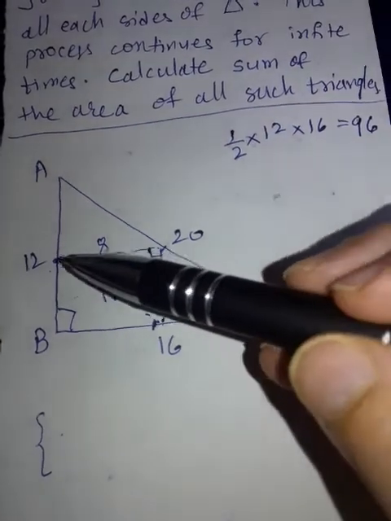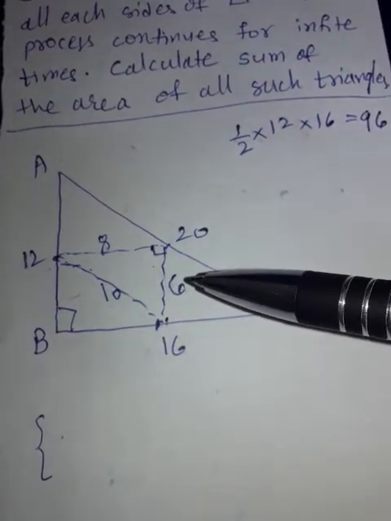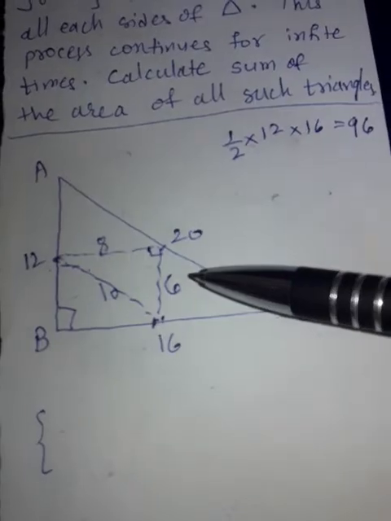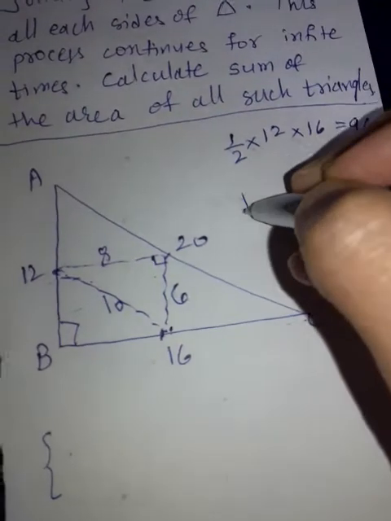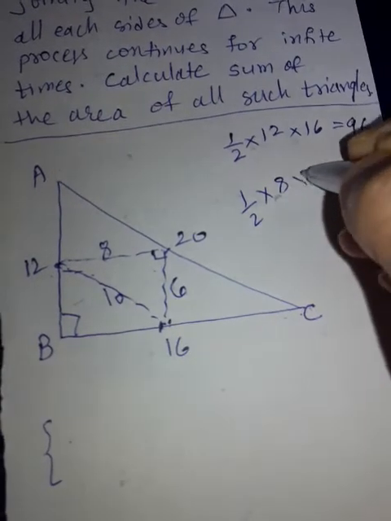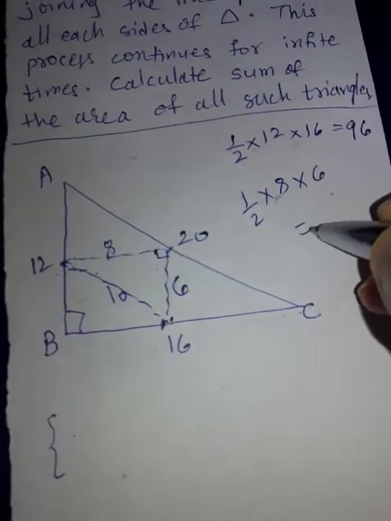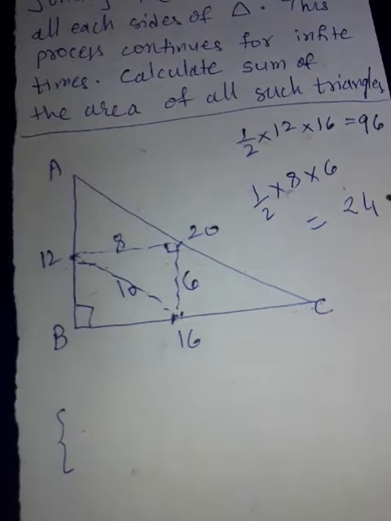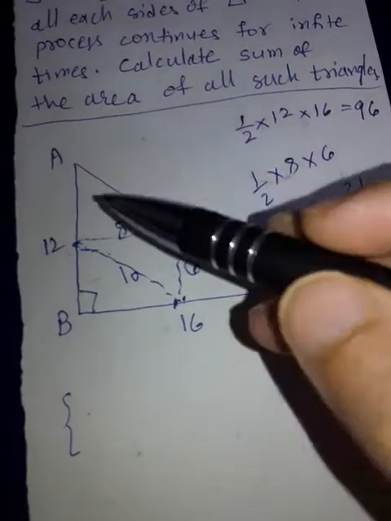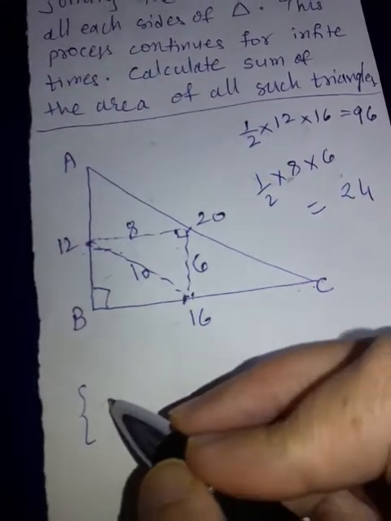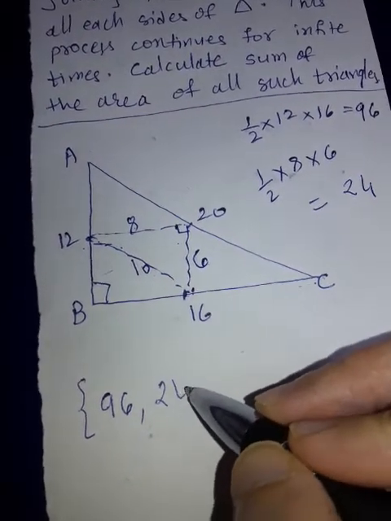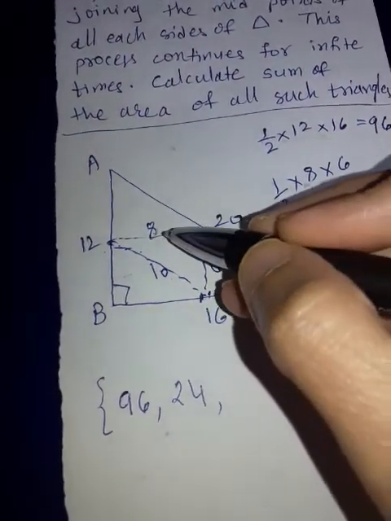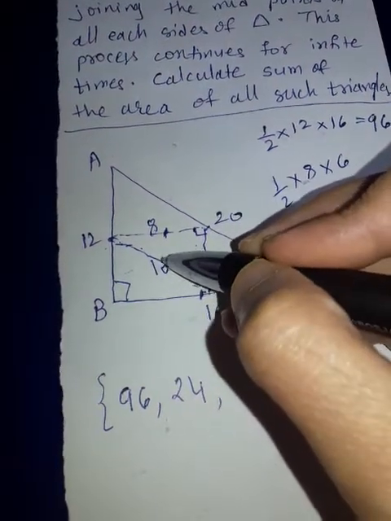So what will be the area of this inner right angle triangle? Half into the product of perpendicular sides, that is half into 8 into 6, that is 24. So the first outer right angle triangle is 96. The inner one is 24. Now again we have to join the midpoints.